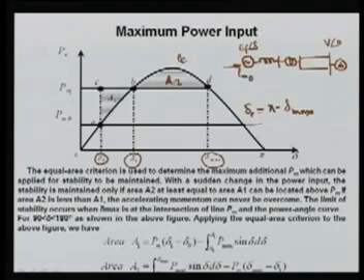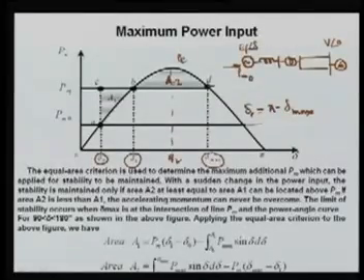The limit of stability occurs when delta max is at the intersection of the line PM, which we want to determine, and the PE curve. This will always be at delta more than 90 degrees, on this side of pi by 2, that is 90 degrees.